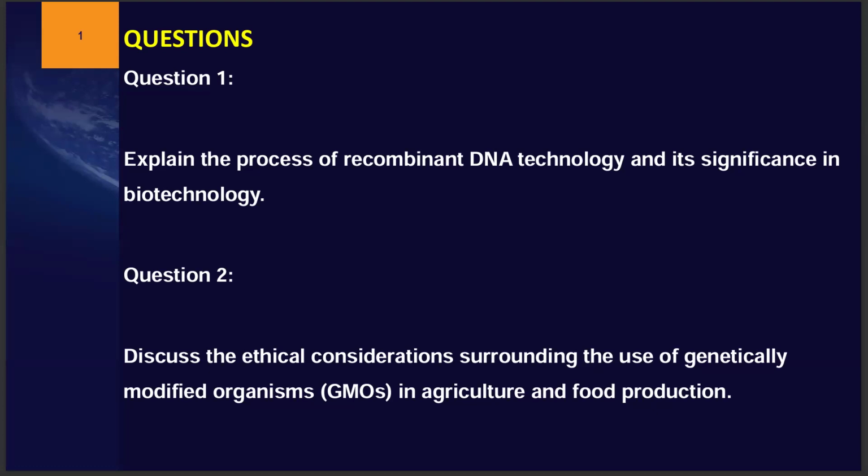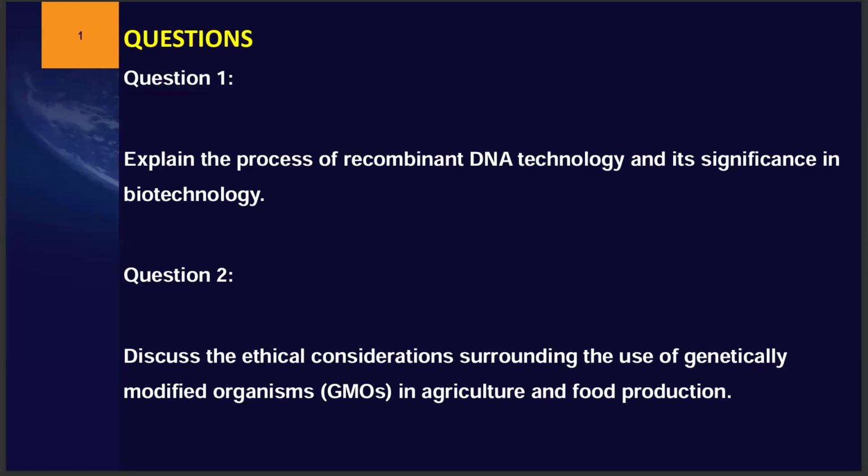So here, the use of genetically modified organisms in agriculture and food production raises ethical considerations related to, one, environmental impact. We're having a lot of climate change. What impact will it have on the environment?